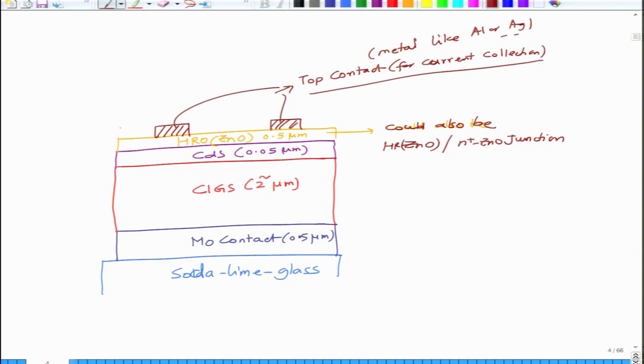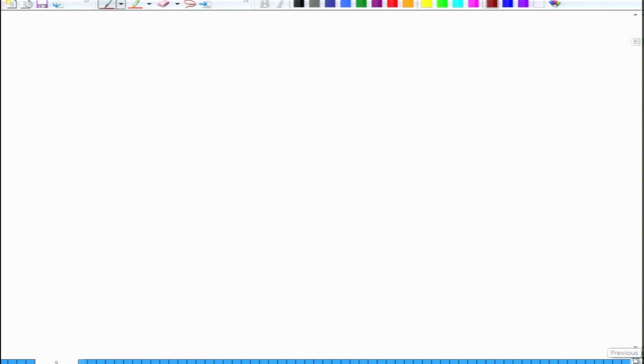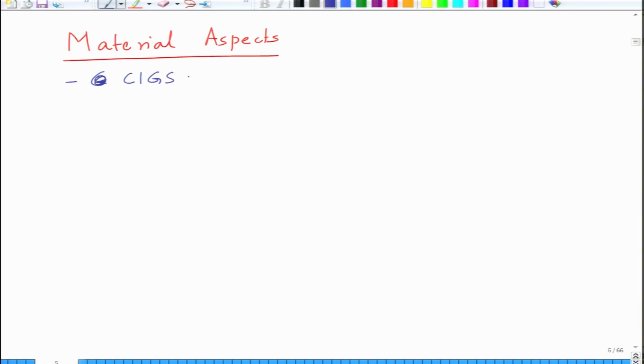So now let's see first what this material is all about. First we look at the material aspects of CIGS. Why we use CIGS is because you can vary the ratio of indium and gallium with large tolerance.